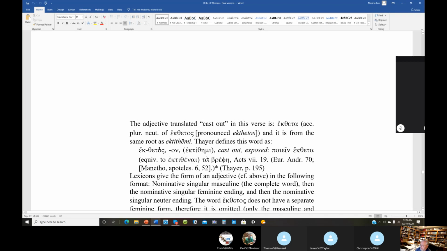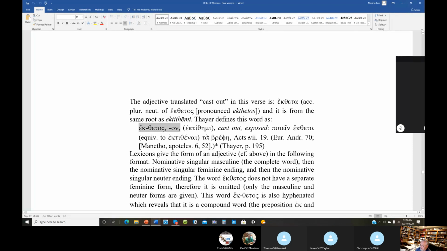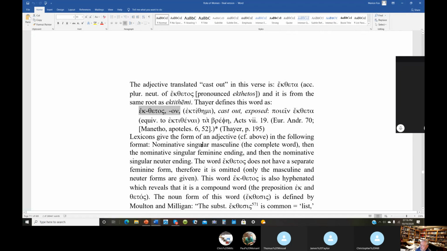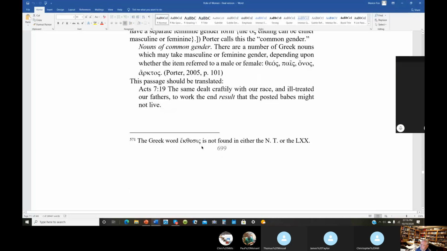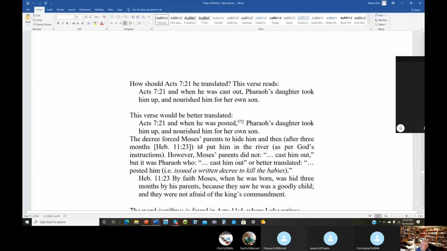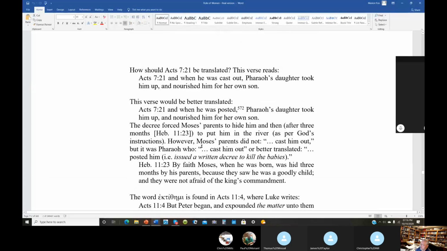Here is Thayer. There's a noun form of it. Actually, an adjective form of this word that's used in the New Testament, Acts 7:19, so I give two other related words. All right. And let me see here. Right here, Acts 7:21, that's how it's translated. And I think it should be translated when he had been posted, Pharaoh's daughter took him.